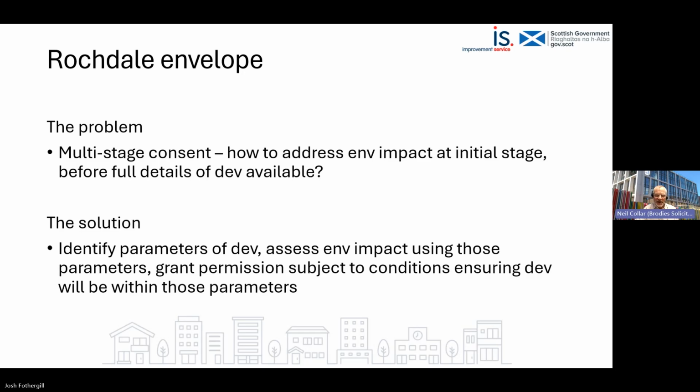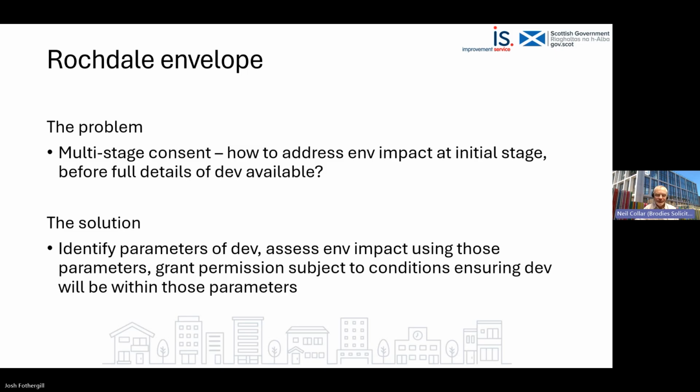So the problem, as mentioned on the slide, is how do you address environmental impact at that point when you don't have full details? Or indeed, some people might say, it's not how, but can you? And it almost poses the question of, for EIA development, is applying for planning permission in principle even really competent? And the answer is yes.